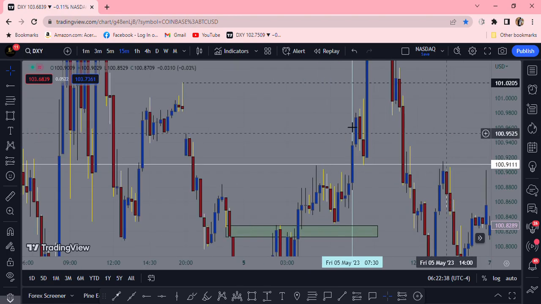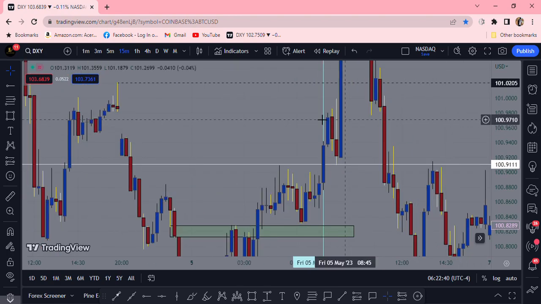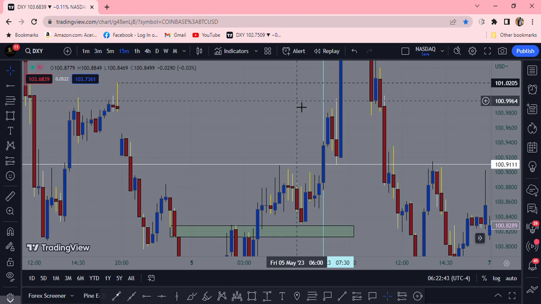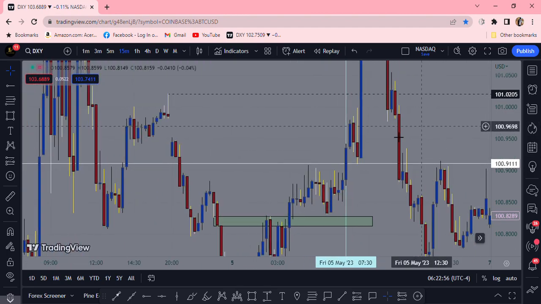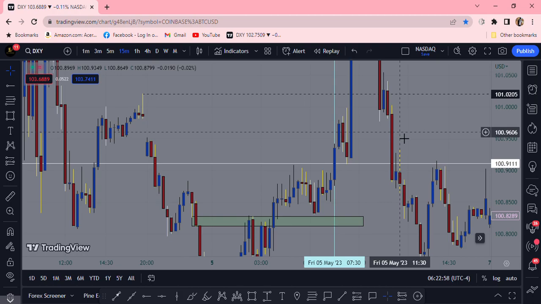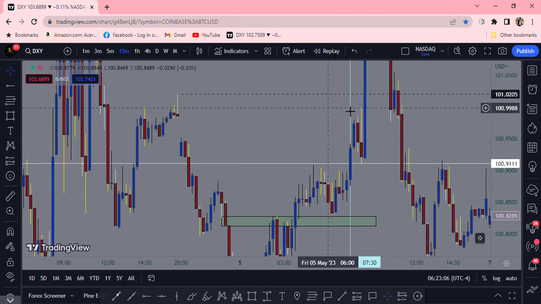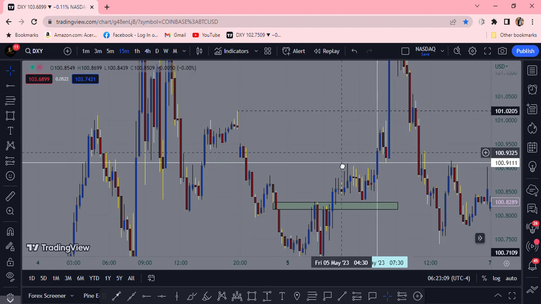Plus, I go to my economic calendar and look at the previous data release, how many people lost jobs, and the unemployment rate. It's all about looking at the data and anticipating. How many people got jobs and how many people lost jobs all play an effect on how you can anticipate NFP.